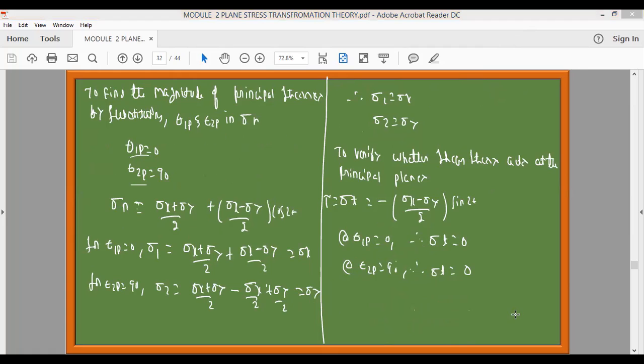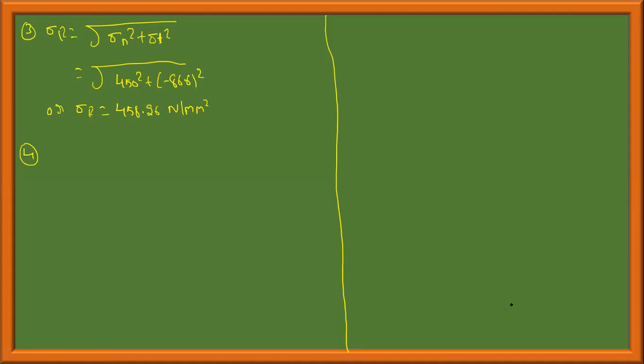Therefore the principal stresses are sigma 1 which is equal to sigma x, which is equal to 500 Newton per mm square, and sigma 2 which is equal to sigma y, which is equal to 300 Newton per mm square.